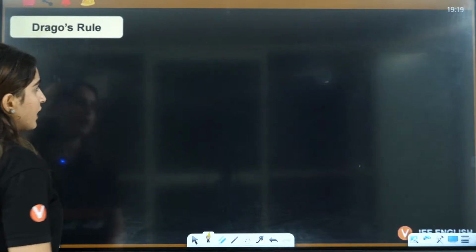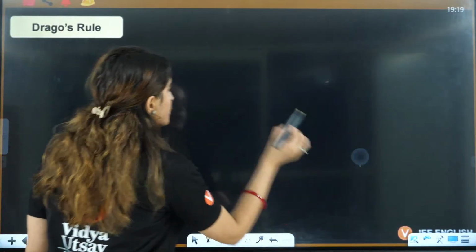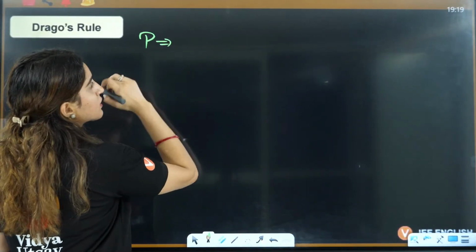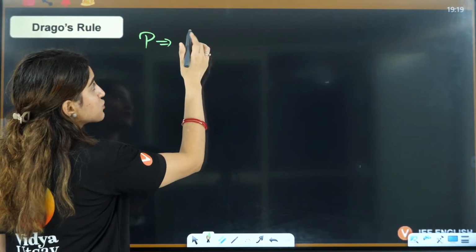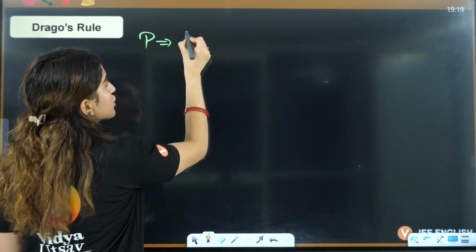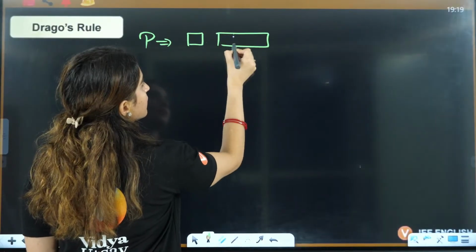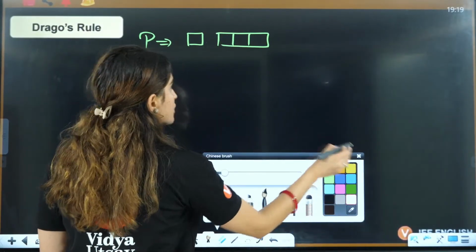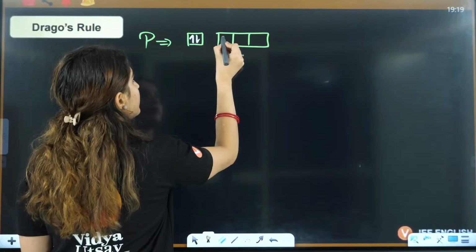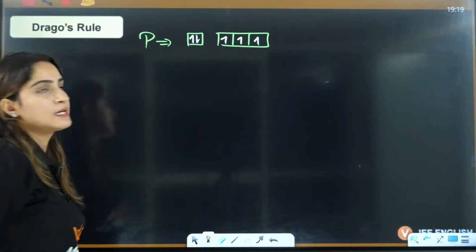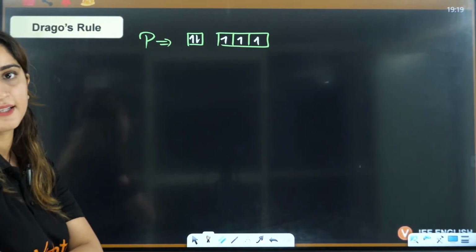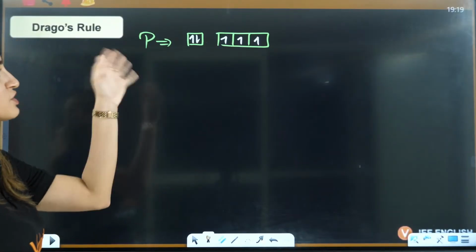Okay, let's do that on the next page. If you talk about phosphorus, its outermost electrons will be 5 only. So the outermost valence shell will be like this: 1, 2, 1, 2, 3.